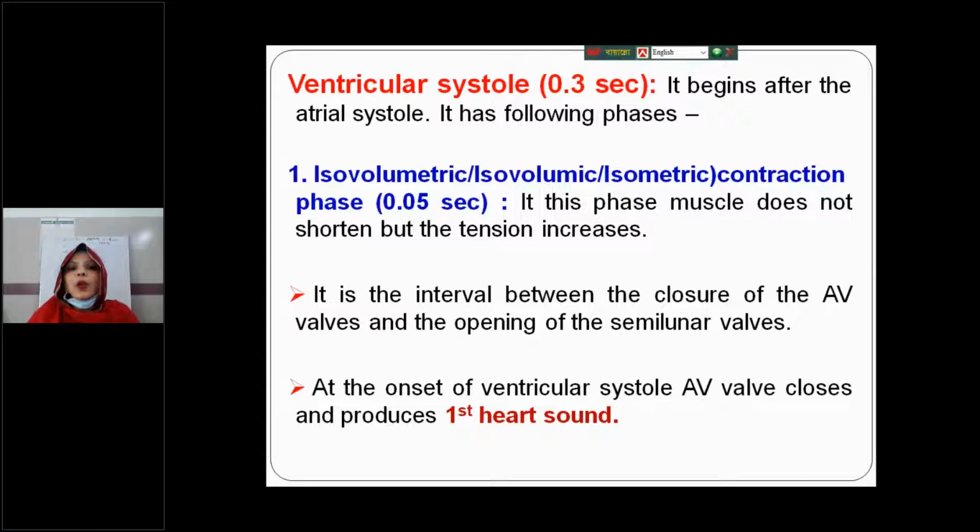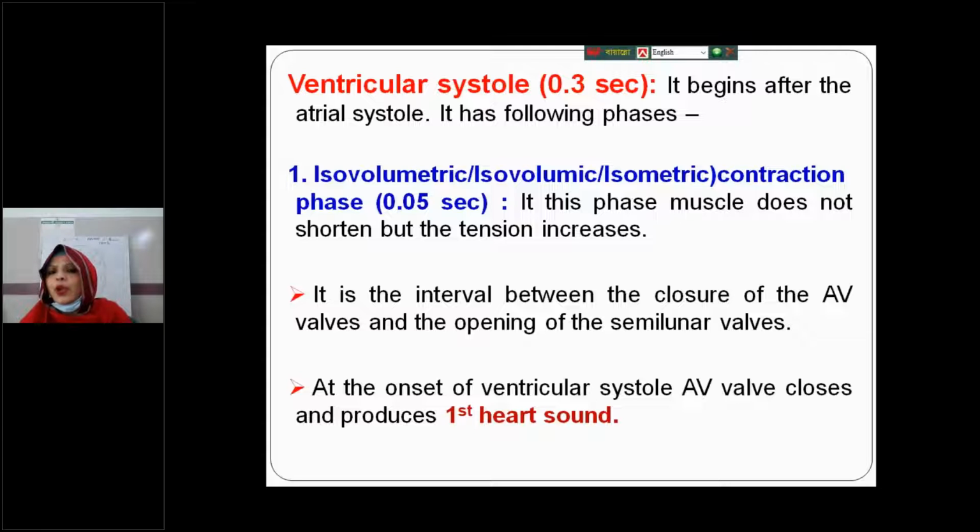The first heart sound always occurs in the isometric contraction phase, that is during ventricular systole, first phase. Sudden closure of the AV valve produces vibration of the AV valve and produces the first heart sound.